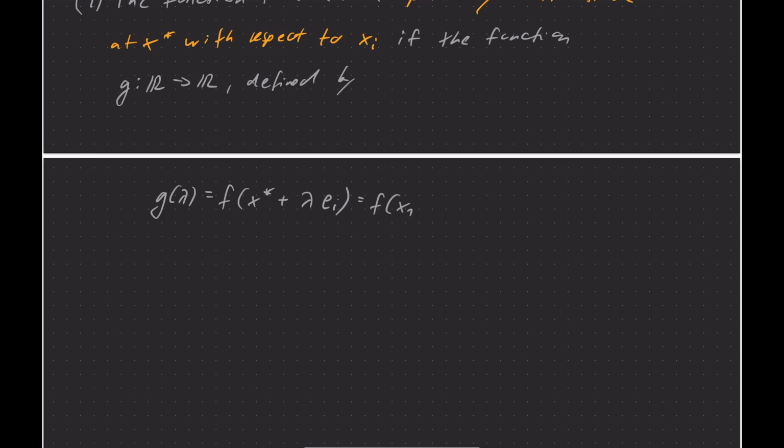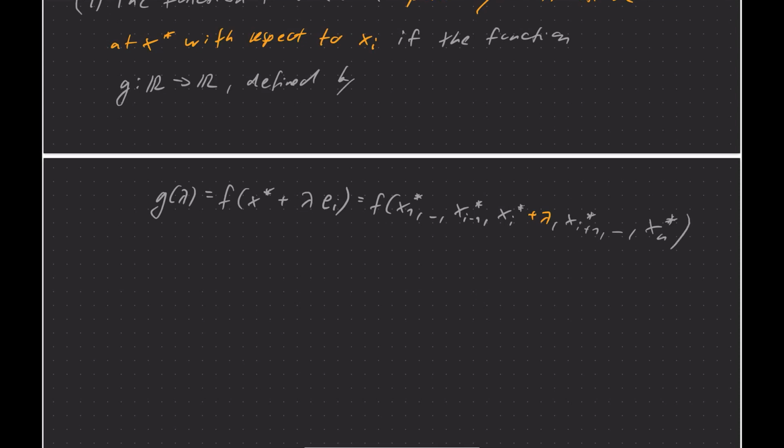So this is the function f evaluated at x1 star, x2 star, and so on, up to i minus 1. Then for xi, we add this lambda here. And then again, we just copy the point x star.